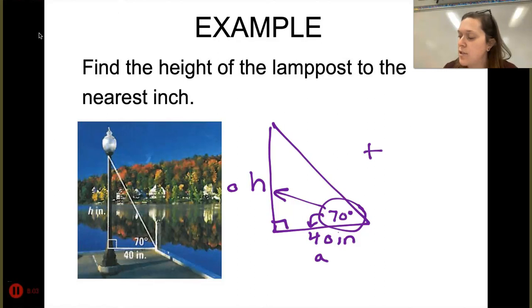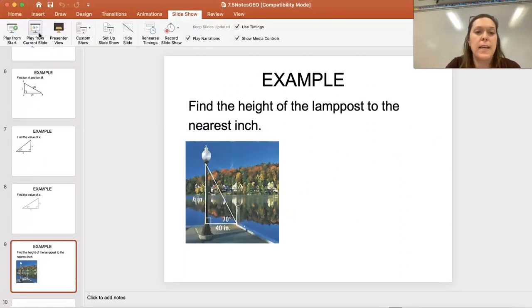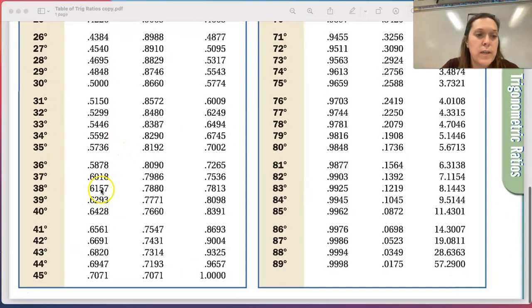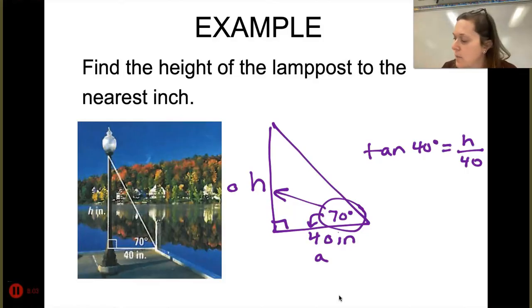So I'm going to do a tangent of 40 degrees is equal to H over 40. So now either my table or my calculator, tangent of 40 is 0.8391 right there. 0.8391 is equal to H over 40.